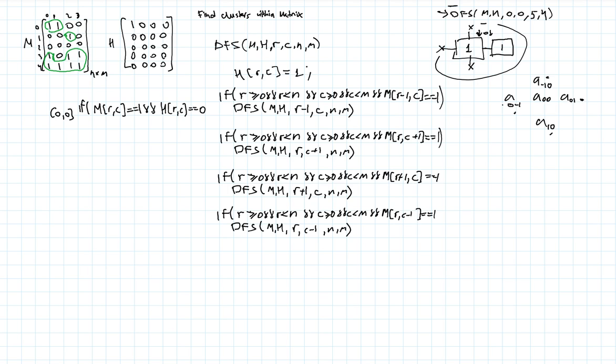So either this is 1, then visit, but then if it's already visited based on this hash map, then don't visit it. So if this is the case, then call this function. Otherwise, don't call it.